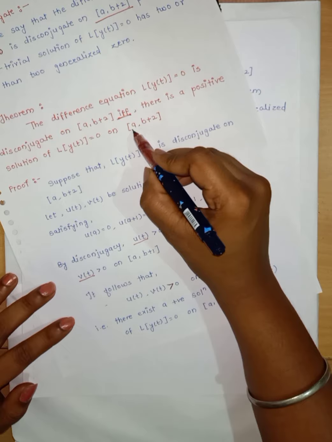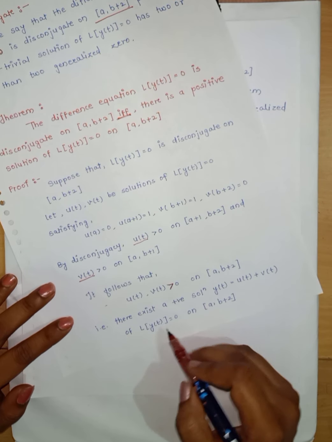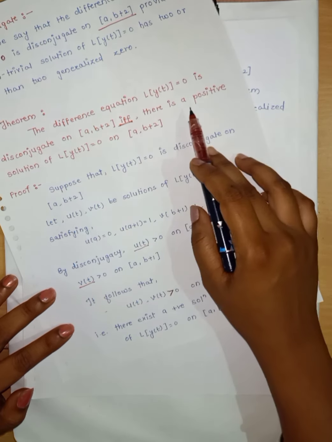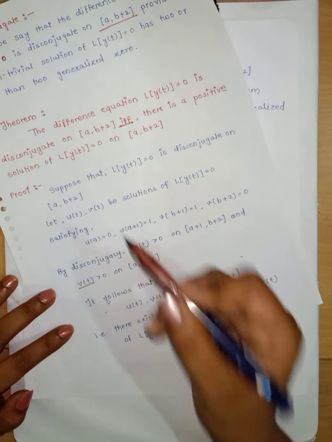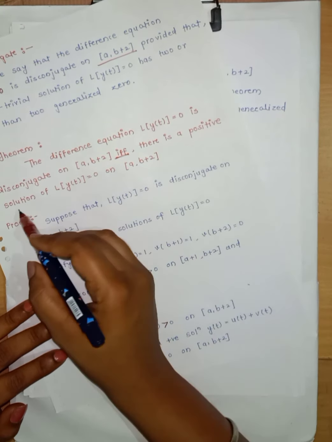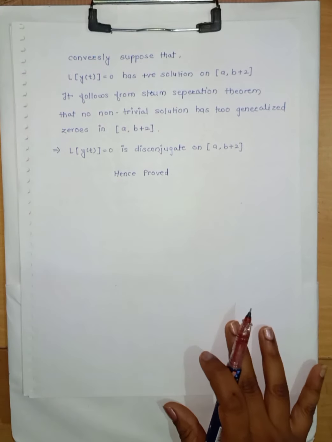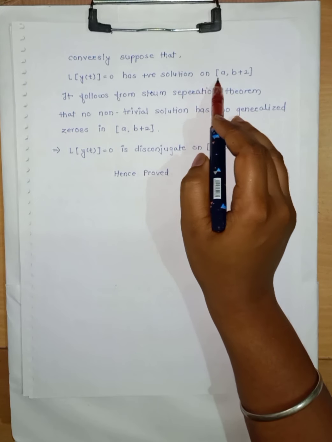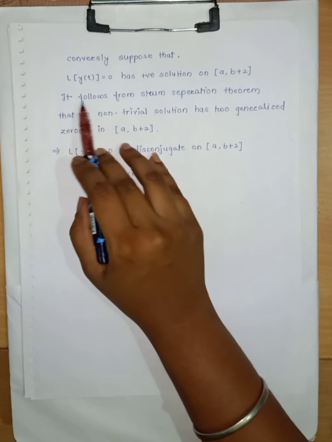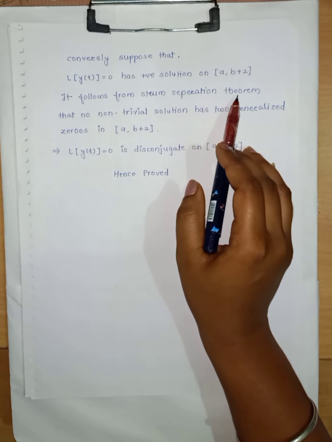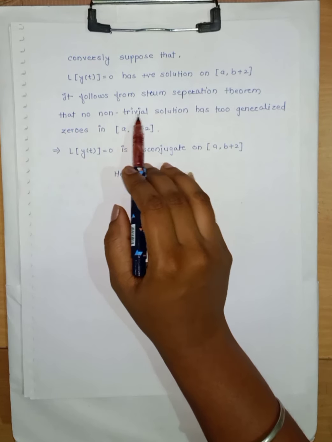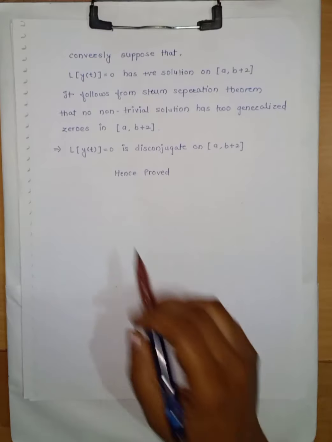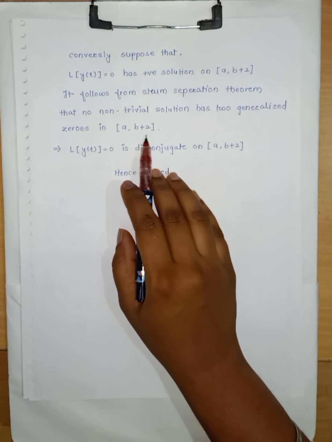Here this part we have proven, and the next part is that the difference equation L of y of t is disconjugate and they have the positive solution. We have to prove this. So we have considered there is a positive solution of L of y of t equals to 0 on [a, b+2]. Therefore it follows from the Sturm separation theorem that no non-trivial solution has two generalized zeros in the closed interval [a, b+2].